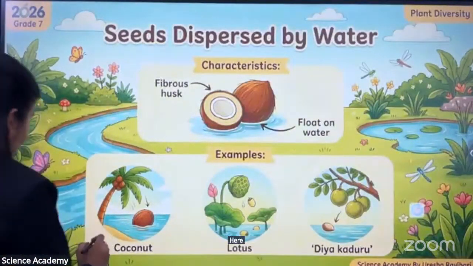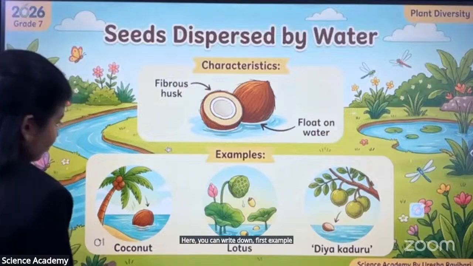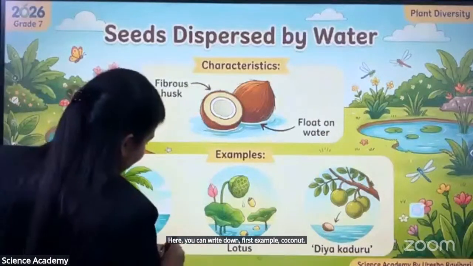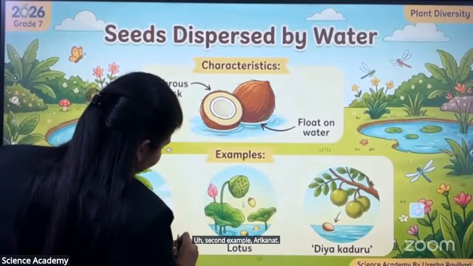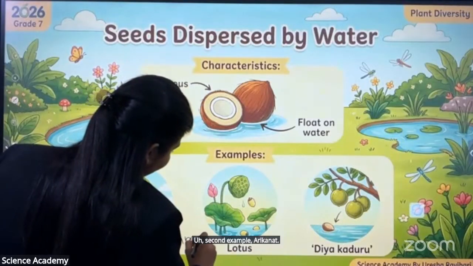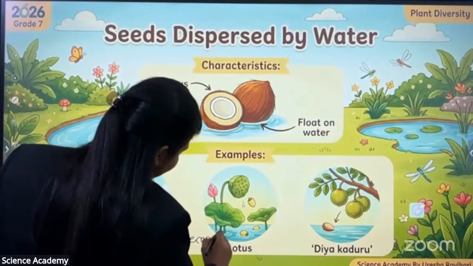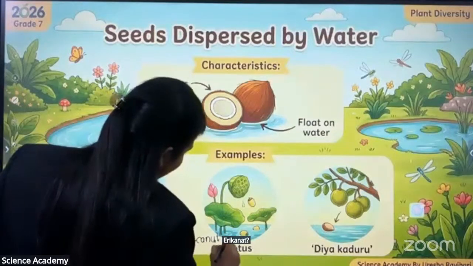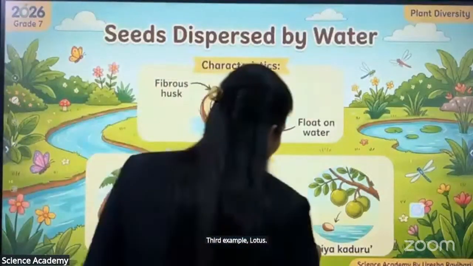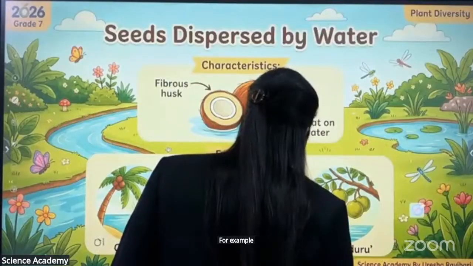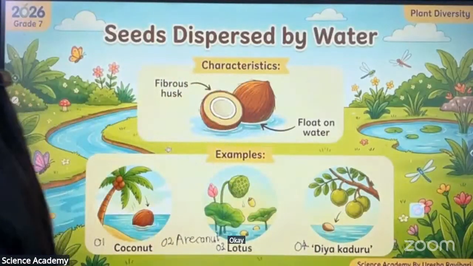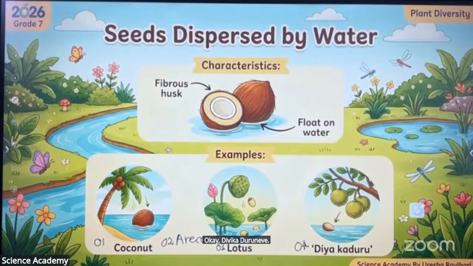Here you can write first example coconut, second example arecanut, third example lotus, fourth example diya kaduru.